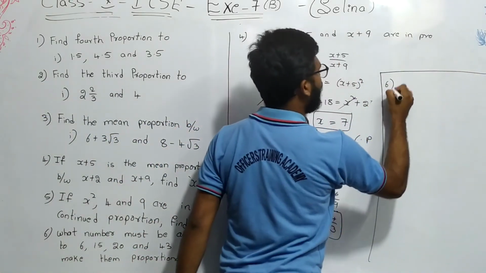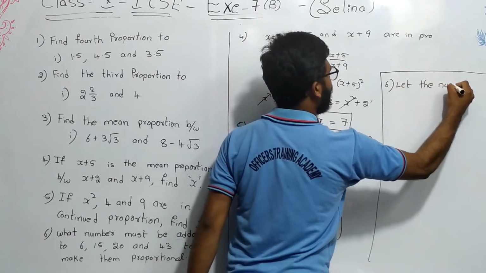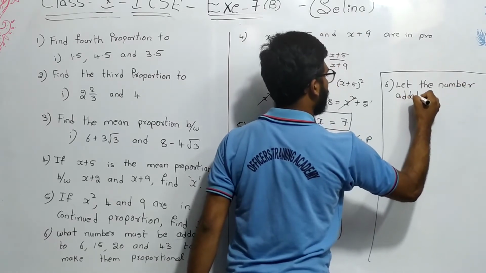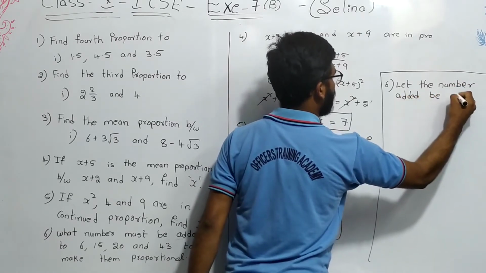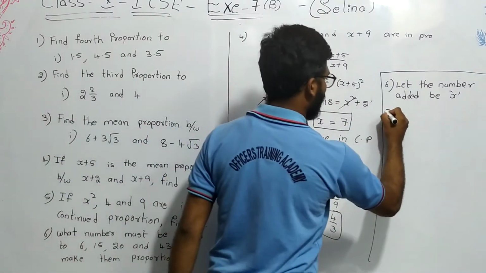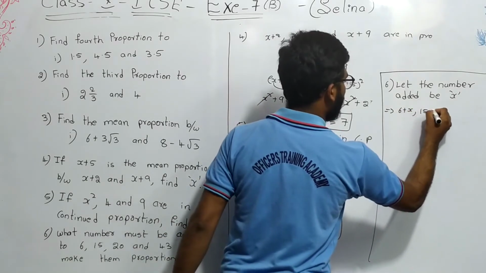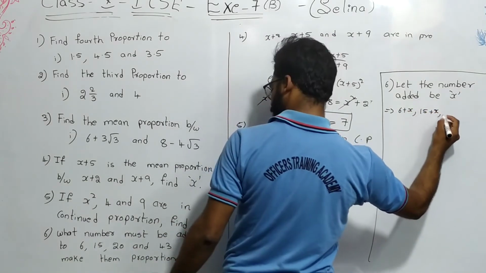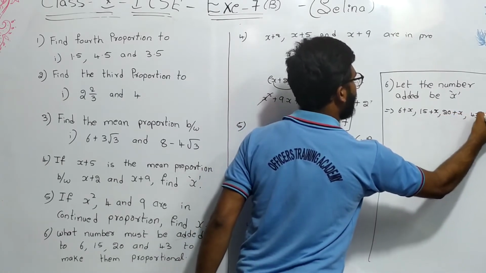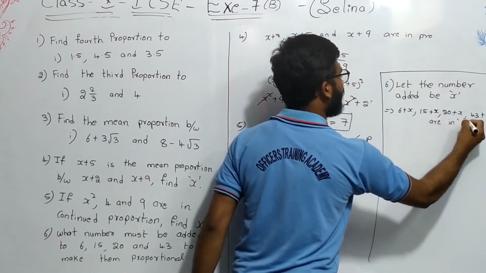So let the number added be x. Okay. So that implies I can tell 6 plus x, 15 plus x, 20 plus x and 43 plus x are in proportion, right?